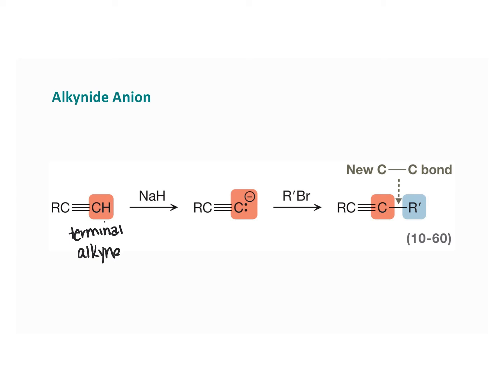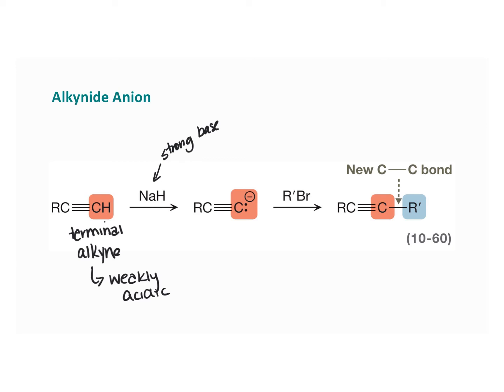If the alkyne is anywhere inside the molecule, it's an internal alkyne. Now, this is weakly acidic. So shown there in red, that's weakly acidic, and it can be deprotonated using a strong base, like sodium hydride shown there.